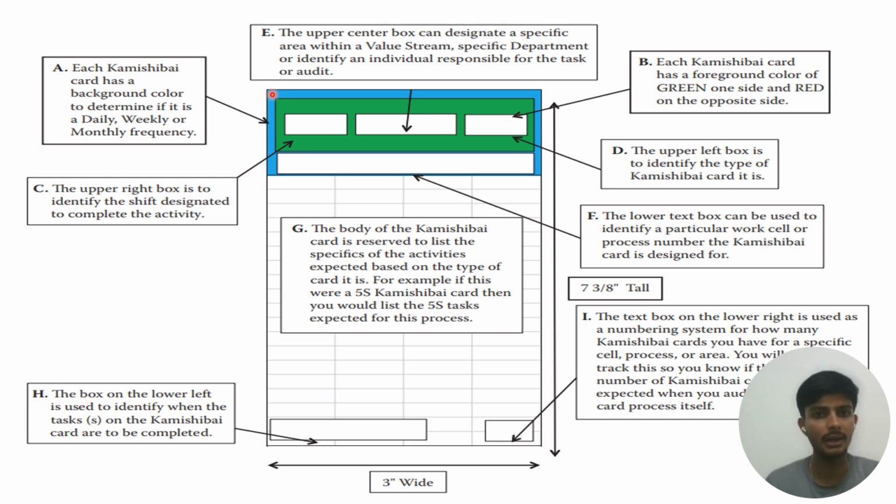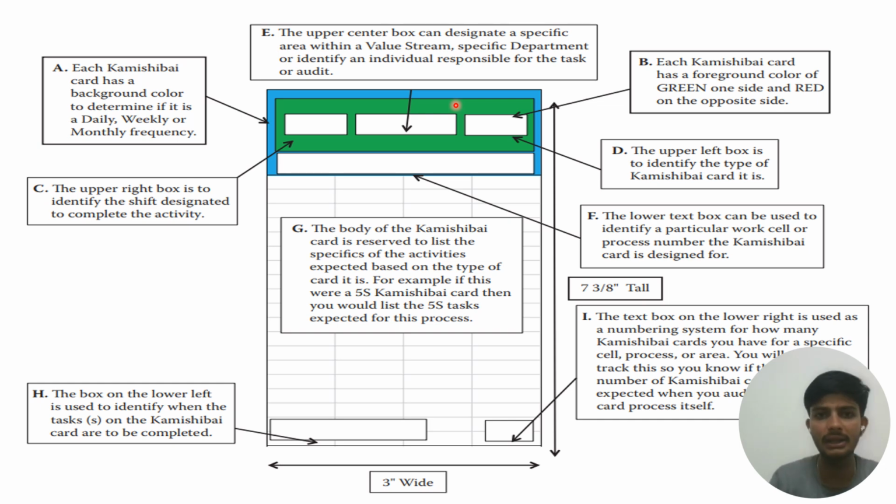The second one is the front end color. It will be either green or red. If your activity is okay, then green, and if not, then red. We'll discuss in upcoming videos how this color coding works.